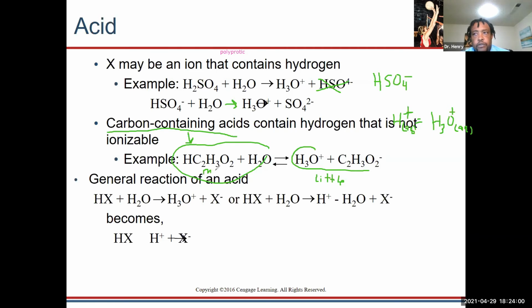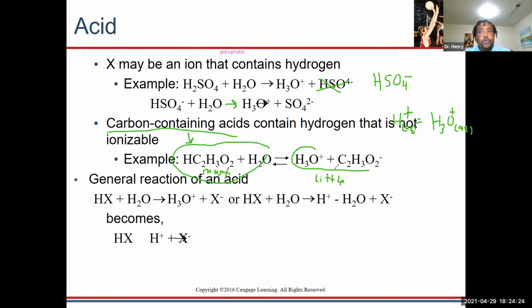Most of it is still going to have that hydrogen attached to, in this case, acetic acid. So you get mostly acetic acid in solution, and then you have very little of your hydronium ion and your acetate ion. So this guy's going to be a little bit there, but you're going to have both in solution.